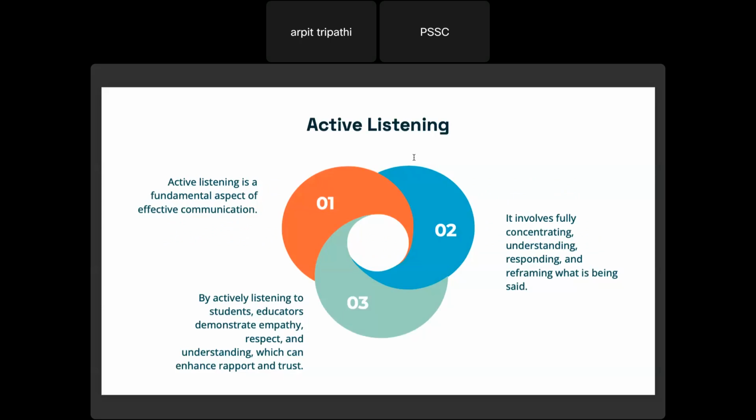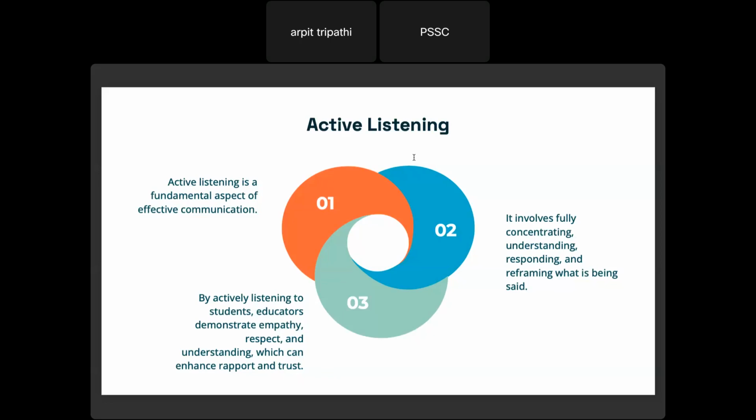This leads to clearer communication, reduces misunderstandings, and enhances the overall learning experiences of students. This is something very important in active listening.